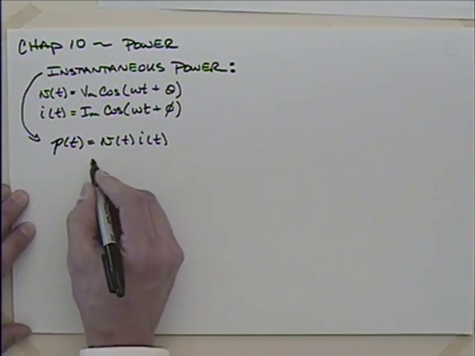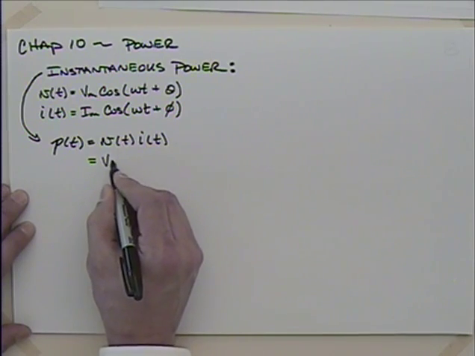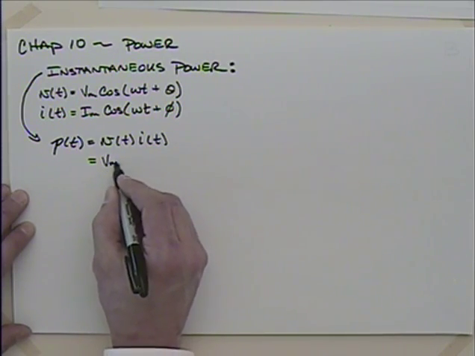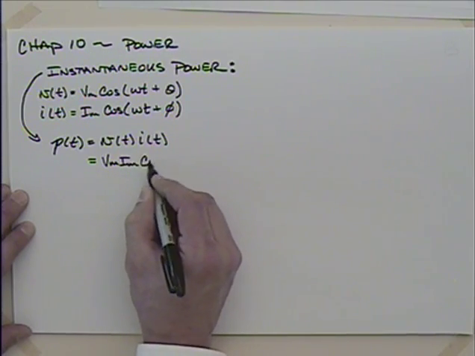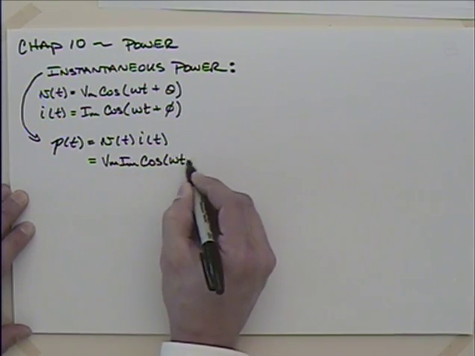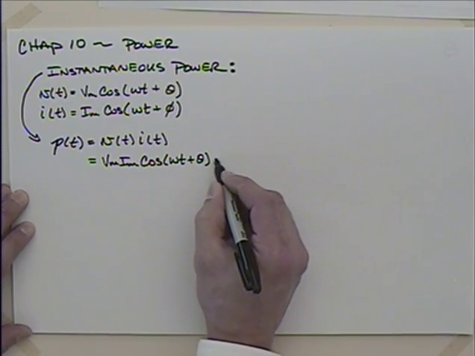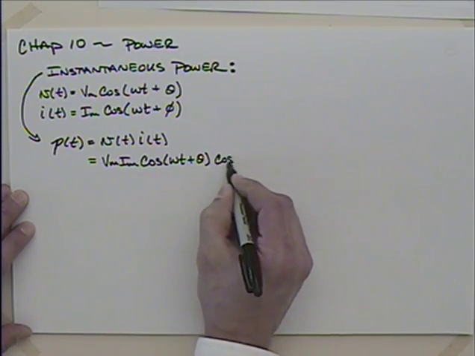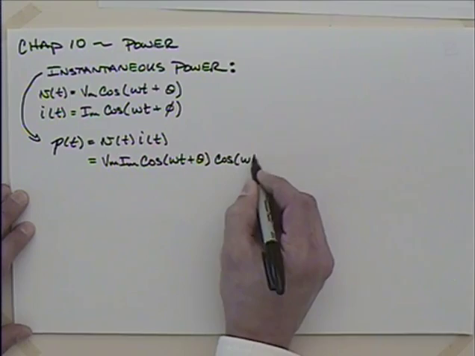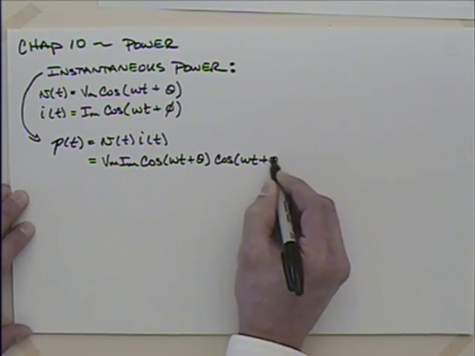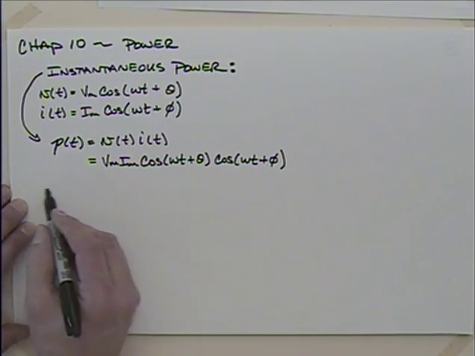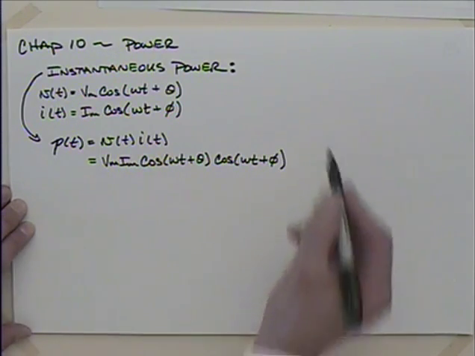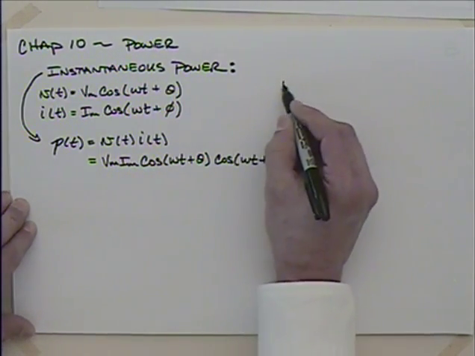So making the substitution for these, Vm times Im times the cosine of omega t plus theta times the cosine of omega t plus phi. And I'm going to remember a trig ID here. So I'll put this up here, trig ID.